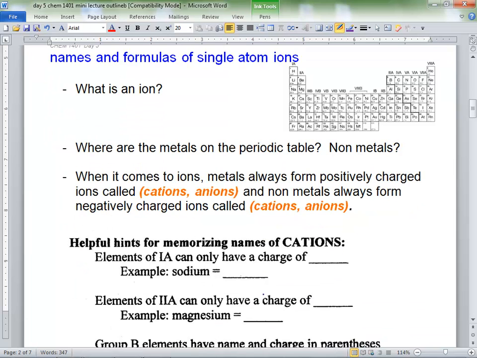Let's start with the names and formulas, how to name single atom ions. Like if I have a carbon atom, just a carbon atom, that's how you should write it, just C. I use a periodic table.